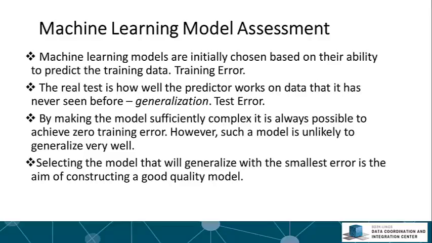So we need to strike a balance between making a model that is sufficiently complex to predict the variation in the data, but not so complex that we have simply fitted the noise in the data, what is called overfitting the data. So finding the way to select the model that generalizes the best and produces the smallest test error is the aim of machine learning. So next I'm going to describe one approach to estimating the test error.